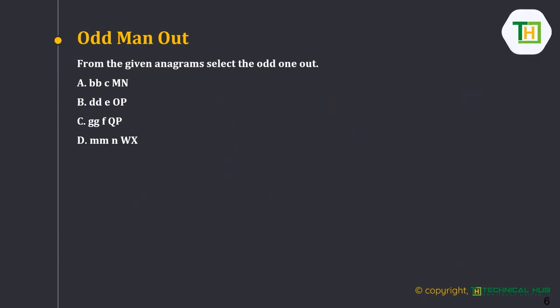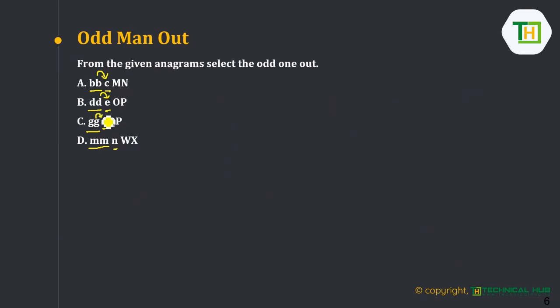So next question, from the given anagram, select the odd one out. So what is this? BCB, DED, GFG, and MNM. Okay, the first 2 letters are similar for all the 4. If you observe the third letter, that is C, E, F, and N. So B, the next letter is C, D, the next letter is E, G, the next letter is F. Is it correct?